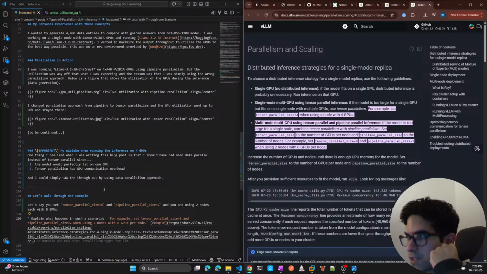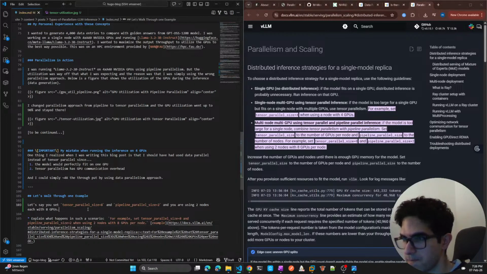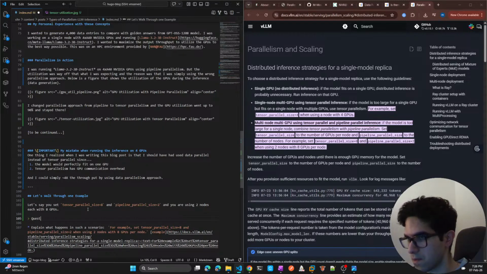Let me put it this way: would the tensor parallelism be applied first and then pipeline?